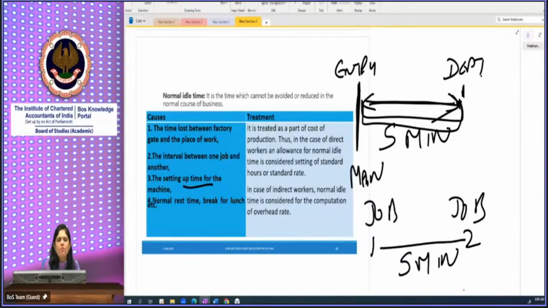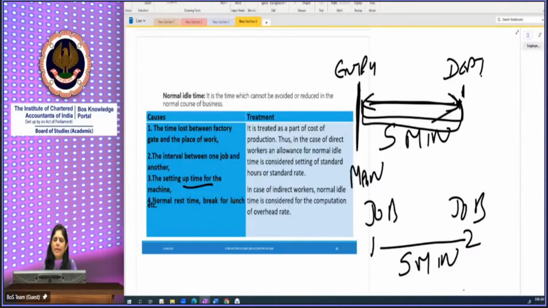The setting up time of the machine. Let us say in the morning I have come at 9 a.m. and I start the machine, and the machine takes half an hour to start. Again, it's a normal time to start up and set up the machine. This half an hour will happen every day because the machine takes half an hour to warm up. All right. Normal rest time, lunch time, tea time, recreation time is normal time.